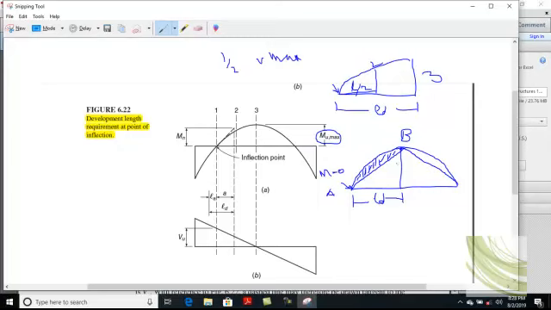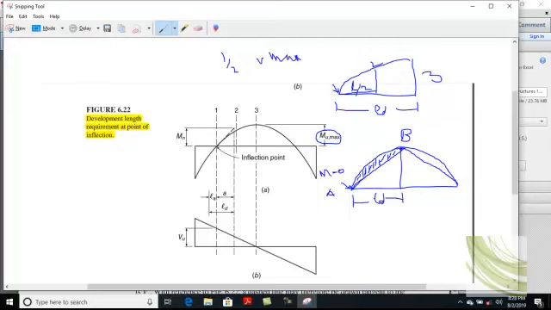Okay. So this triangular area is your moment strength area. But now you can see that the actual moment area, or you can say the curve, is a maximum from the strength.